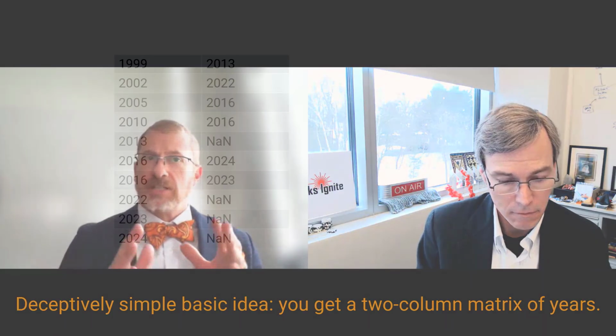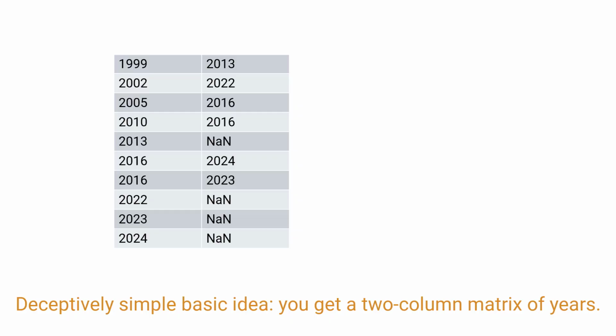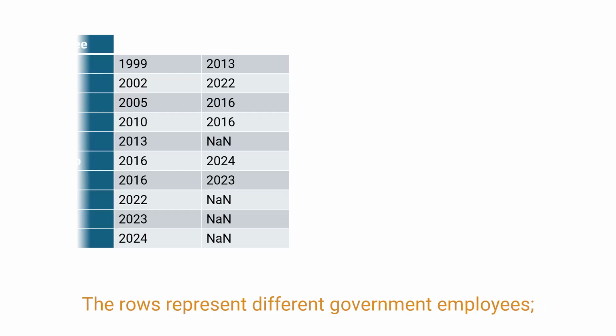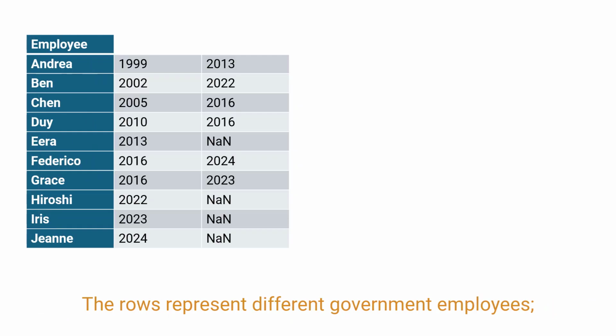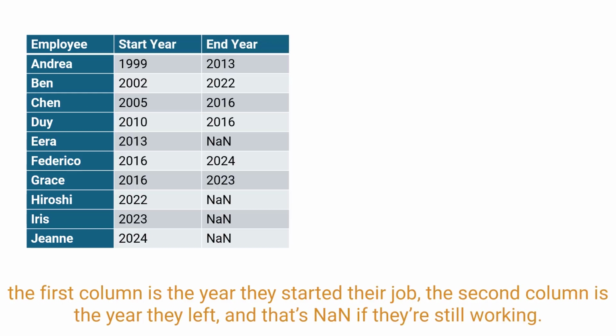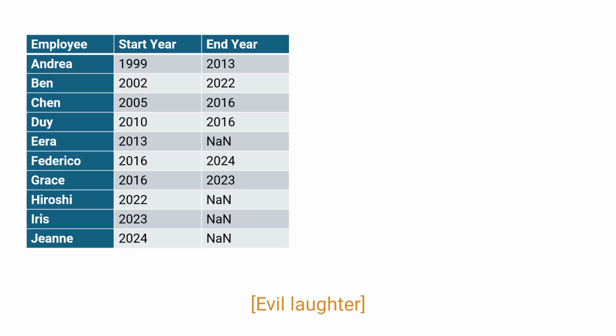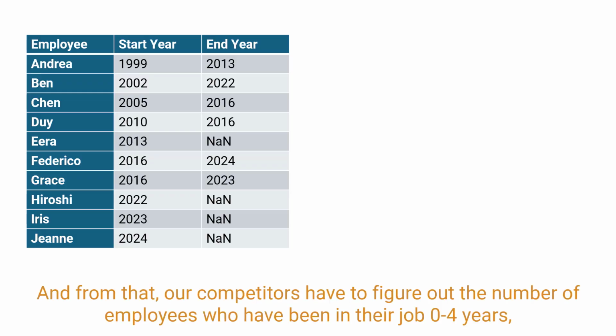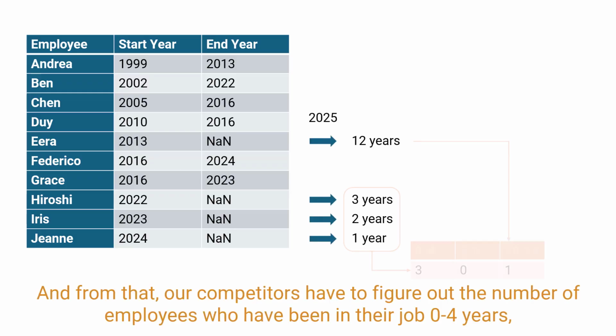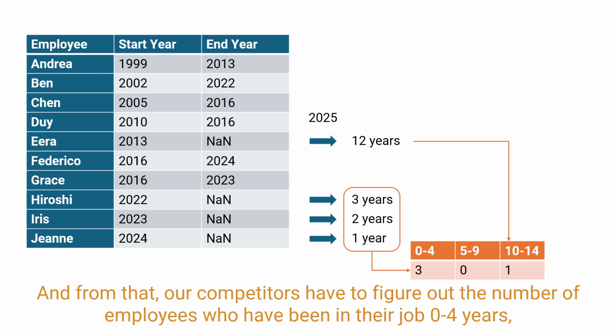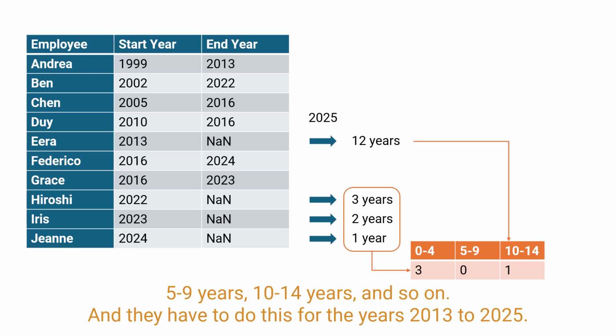Deceptively simple basic idea. You get a 2-column matrix of years. The rows represent different government employees. The first column is the year they started their job. The second column is the year they left, and that's NaN if they're still working. From that, our competitors have to figure out the number of employees who have been in their job 0 to 4 years, 5 to 9 years, 10 to 14 years, and so on.